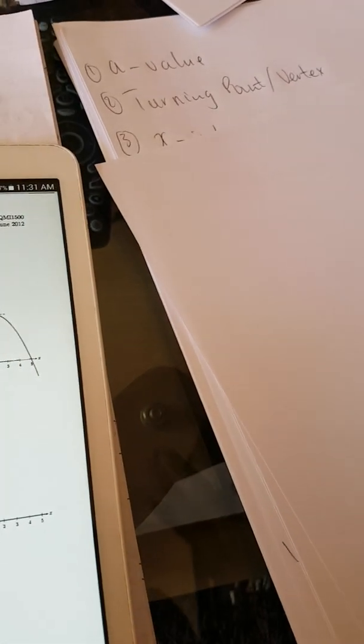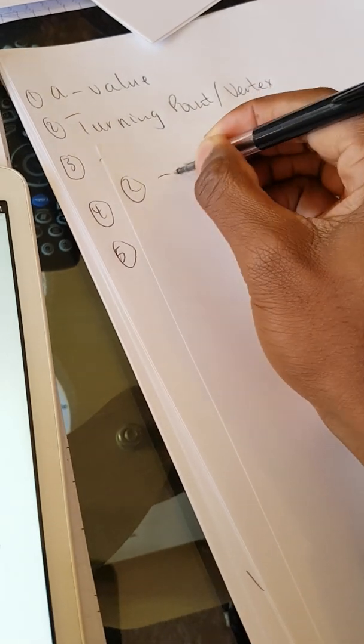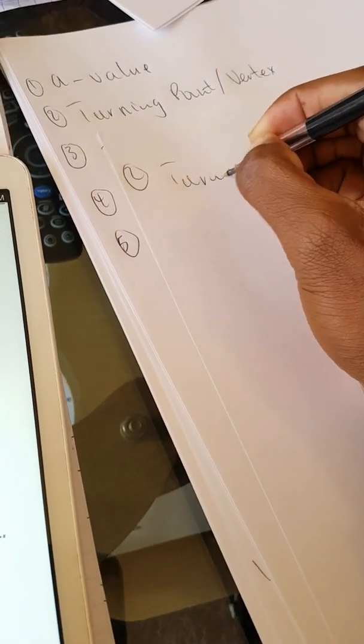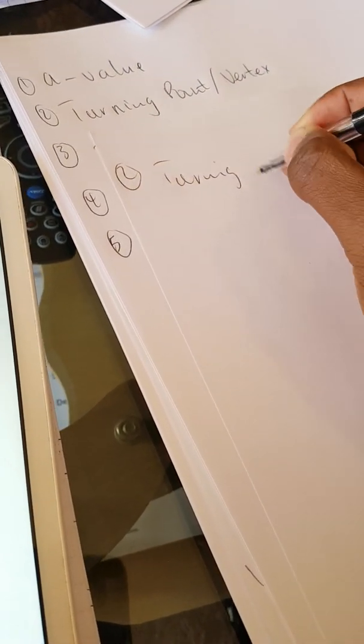How do you calculate the turning point? To calculate the turning point, guys, you need to know this. We're calculating the value of x and the value of y. So let's calculate the turning point. Number 2, turning point or vertex.